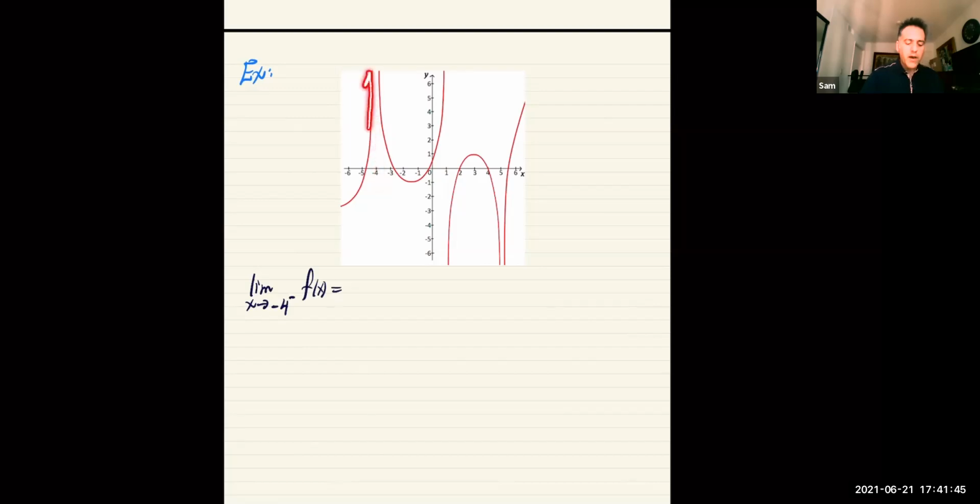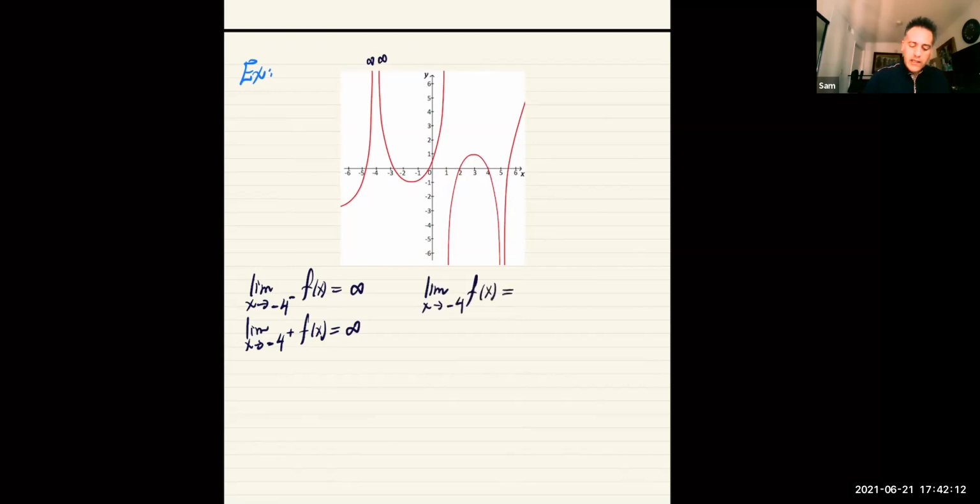The function is, again, going up to infinity. It's going up to infinity from both sides of negative 4. So I'm just going to write down infinity for both. And here, if someone asks you, hey, what is the limit as x goes to negative 4?